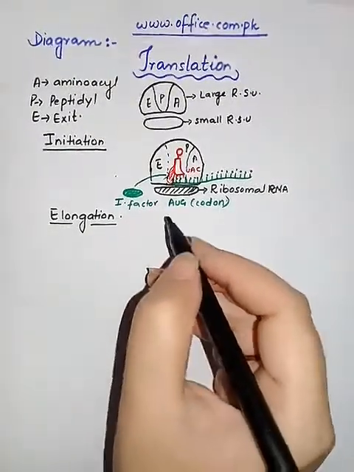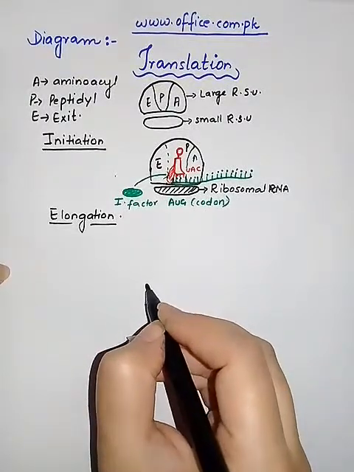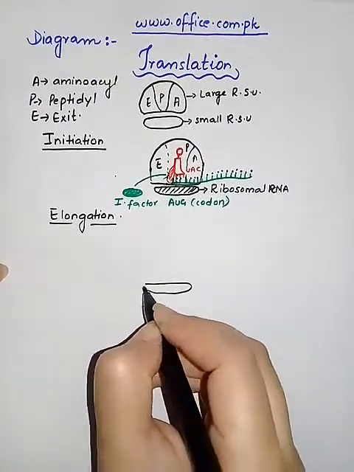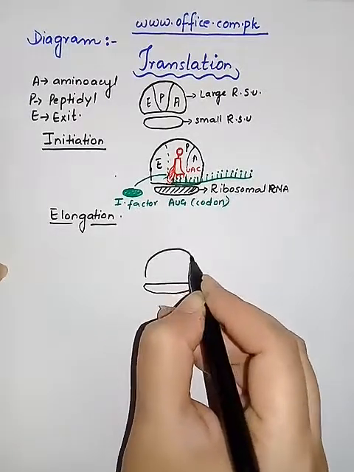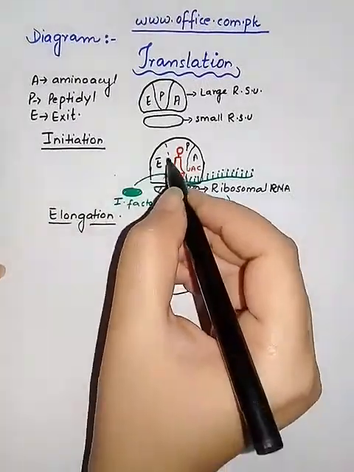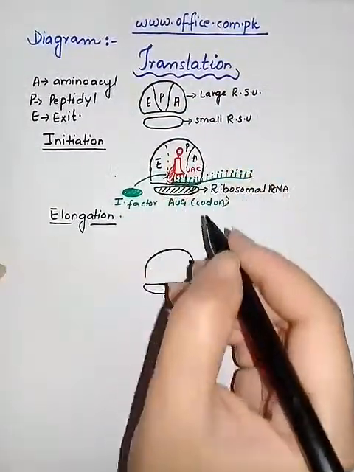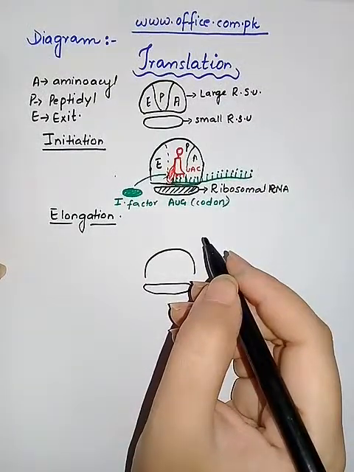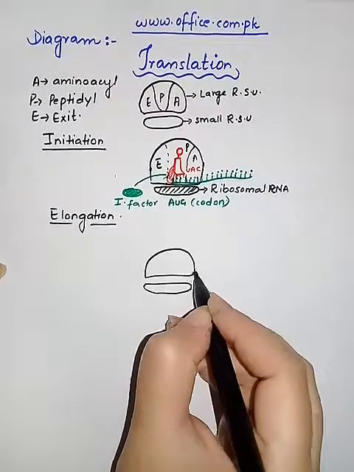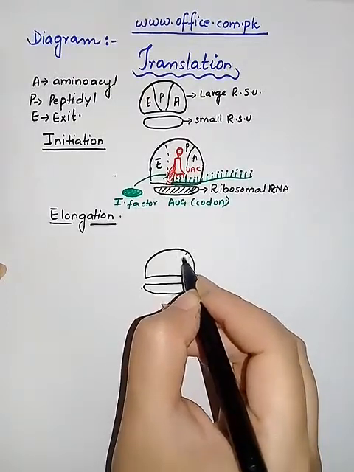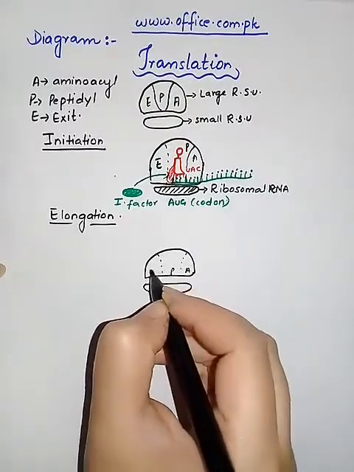I will draw again the small ribosomal subunit. As soon as this initiation complex formation is completed, the large ribosomal subunit will bind with the help of a chemical bond. The large ribosomal subunit has the A site, the P site and the E site.